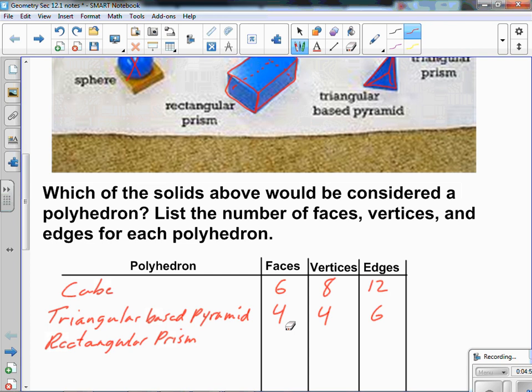So all the numbers, though, are going to be the same. So the 6 faces, 8 vertices, and 12 edges.